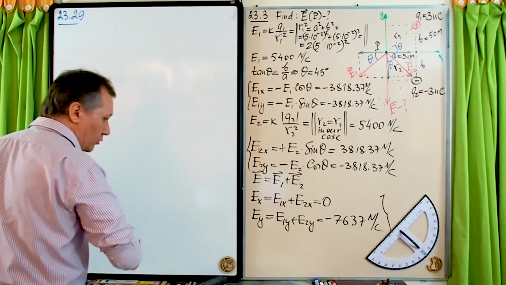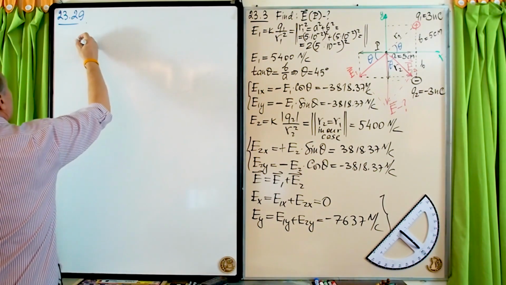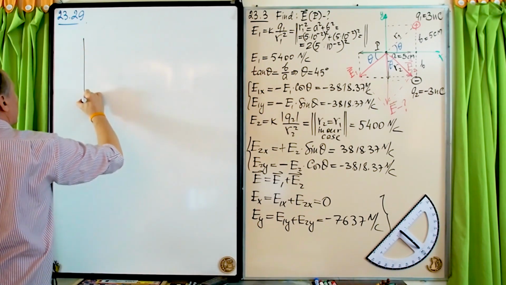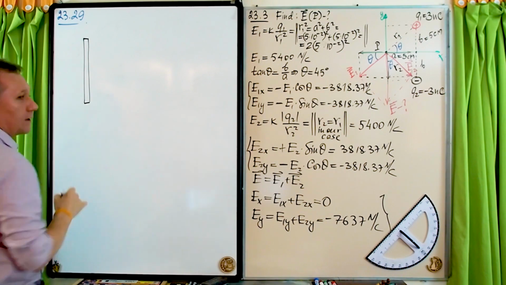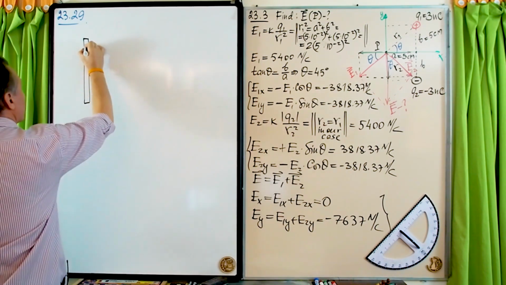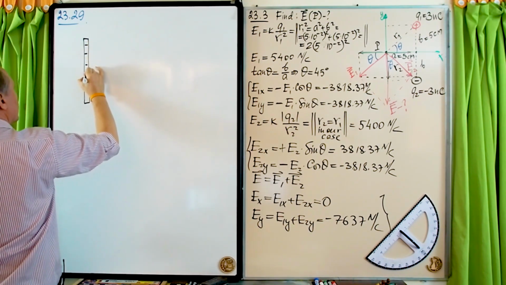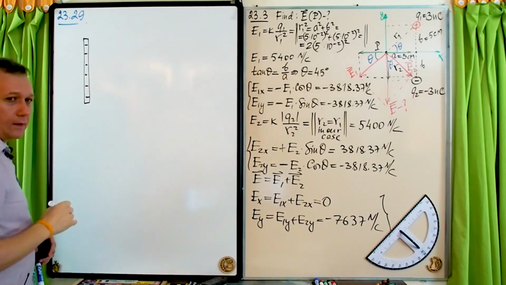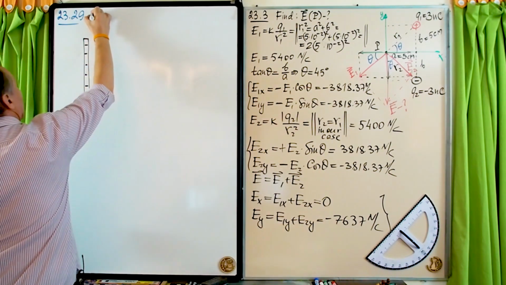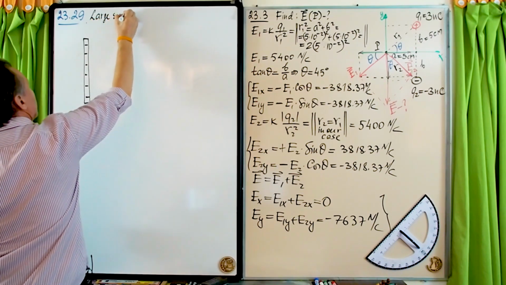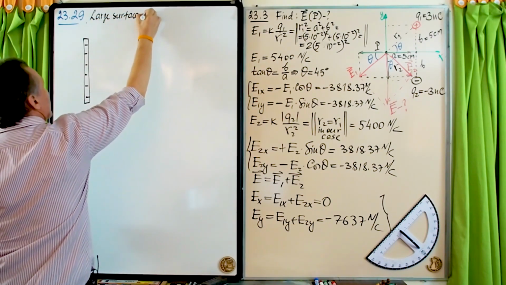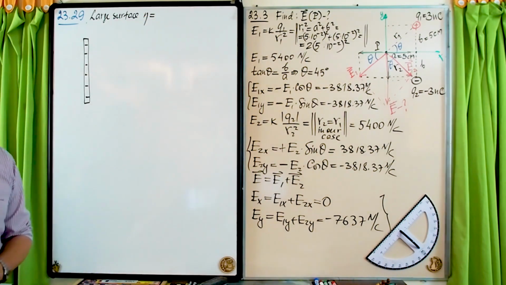So let's assume that we have a surface like that, negatively charged. Maybe I will start drawing. This is my infinitely large, negatively charged surface. Minus, minus, minus, minus, minus, minus. A large surface with surface charge density eta, Greek letter eta.